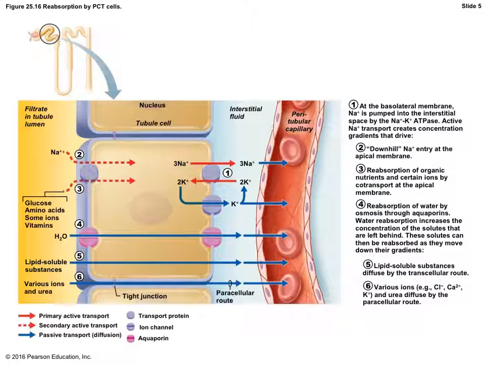That carrier protein can be used to co-transport other substances down their concentration gradients. And the reason glucose would go from high to low concentration is because the water is leaving the filtrate, making the solute concentration higher here. And why is water leaving the filtrate? It's doing so via osmosis through aquaporins. It's following the sodium that was pumped into the capillaries.